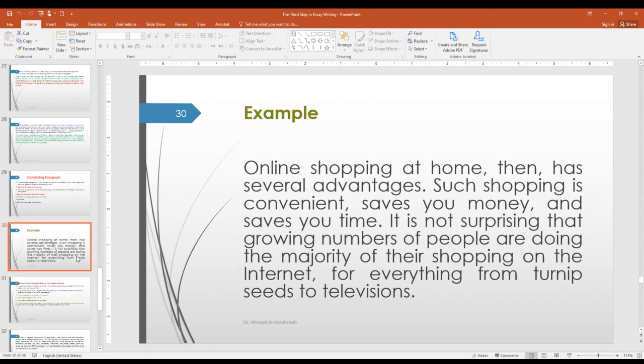Now, here you should rewrite your thesis statement. You have a thesis statement in the introductory paragraph. You should rewrite or paraphrase it in your own words in order to reinforce what you have discussed in your essay. Such shopping is convenient, saves you money, and saves you time.